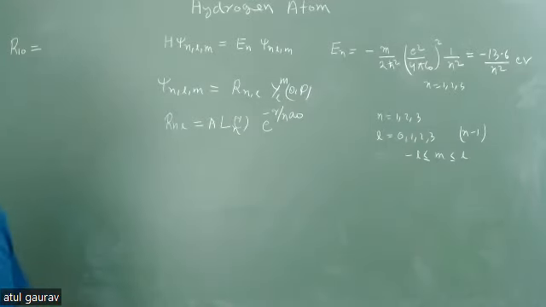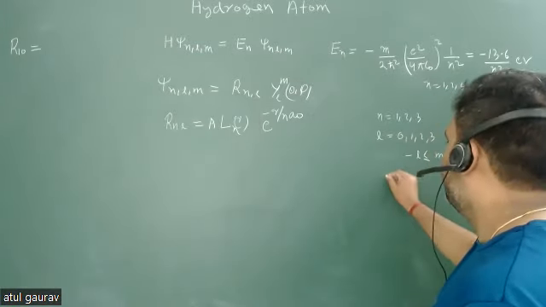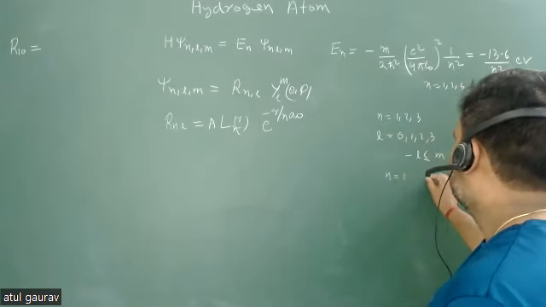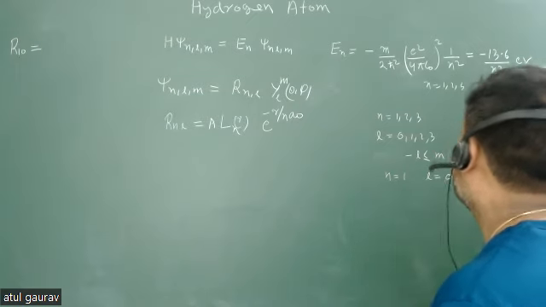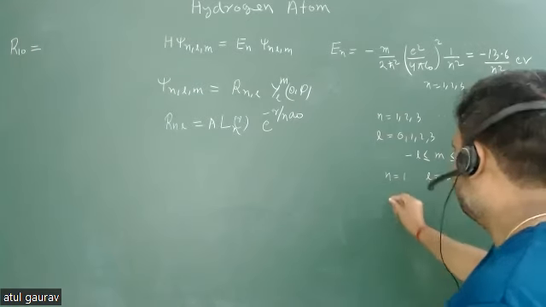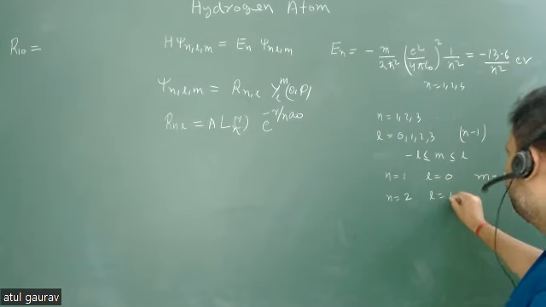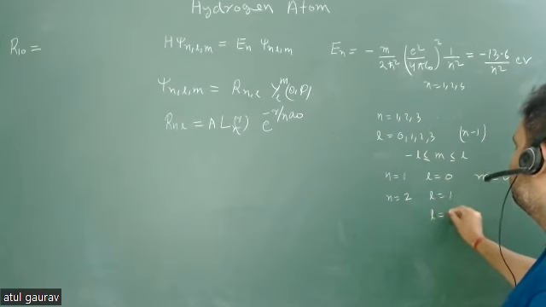Okay, so obviously if n is equal to 1, then l must be equal to 0, then m must be equal to 0. And when you have n equal to 2, then l can be 1 or l can be 0.